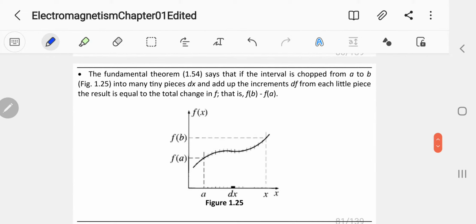So the fundamental theorem 1.4 says that if the interval is chopped from a to b, you have here the function, and it's chopped here.